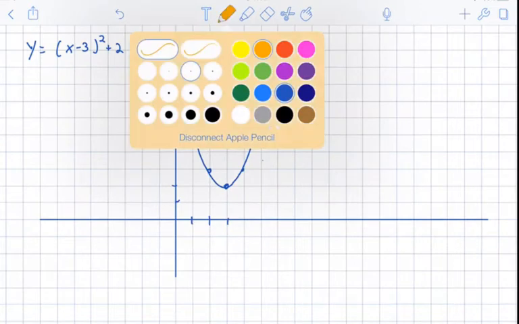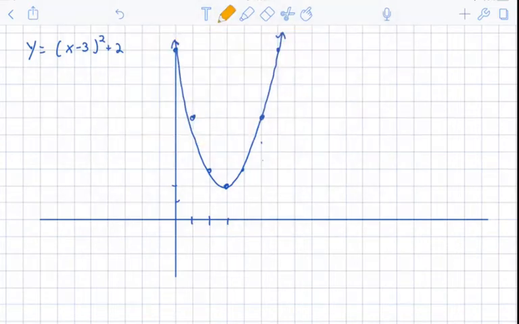So now let's sketch the inverse of this dude. So this point here is 1, 2, 3, 4, 5, 6, 7, 8, 9, 10. Oh, I think it's supposed to be up here.